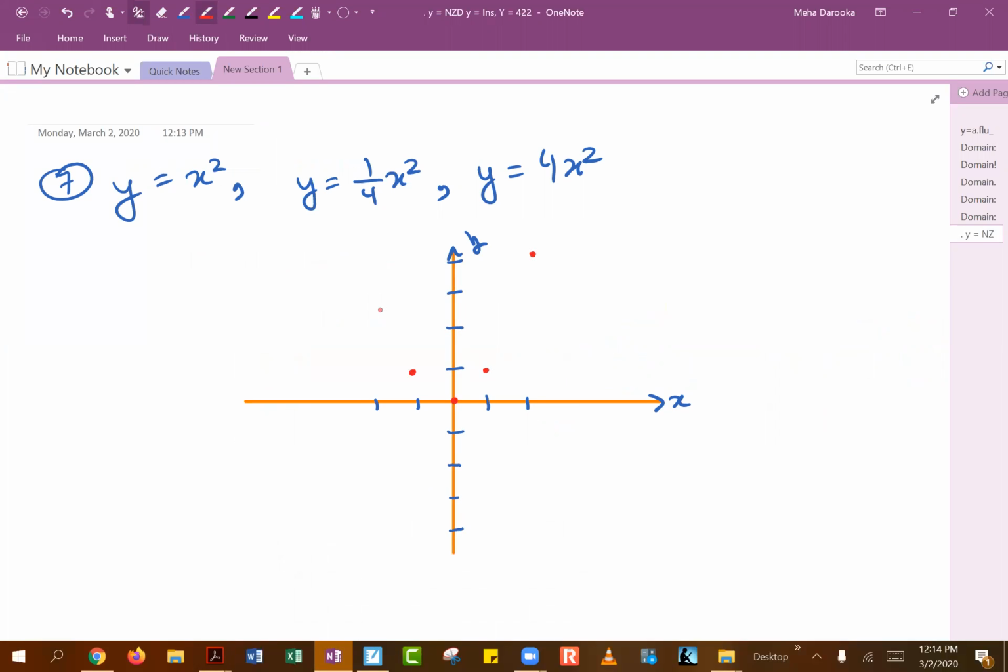Okay, so again, in red, I am doing my base function. Again, make sure you are labeling all of your graphs. That's our base function-ish.